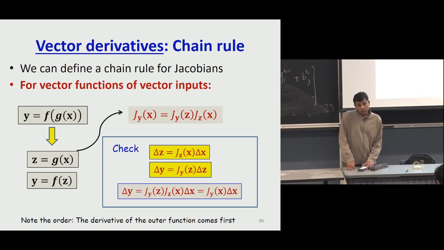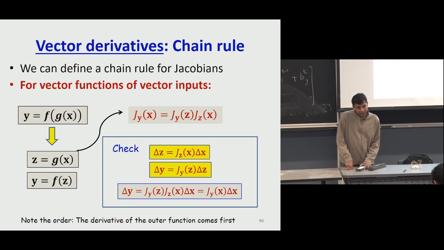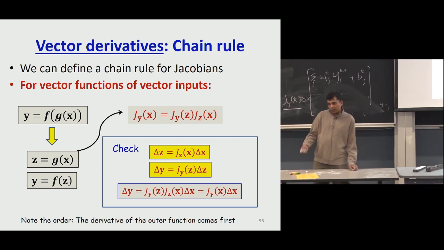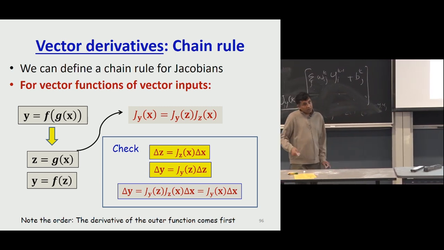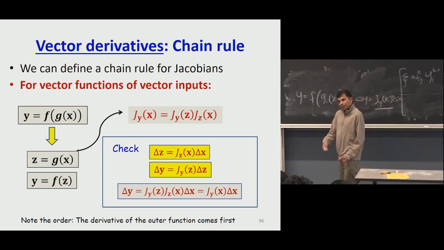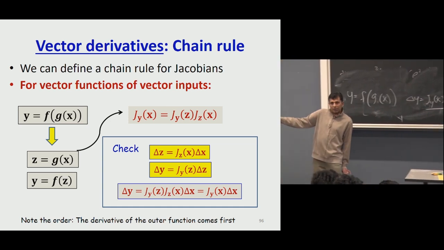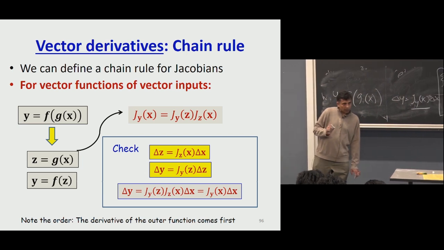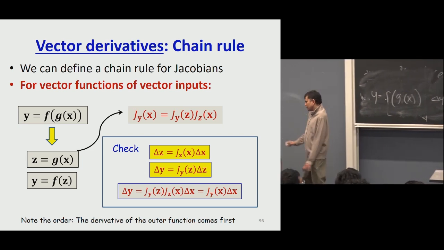It's the order of the operations. Left multiplies are different from right multiplies, right? So what is the order in which things happened? First, you had the Jacobian of the outermost function. Then you had the Jacobian of the argument. And if it's chained many times, it's going to be the Jacobian of that argument and the Jacobian of that argument always multiplying to the right. Otherwise, your dimensions won't work, right?